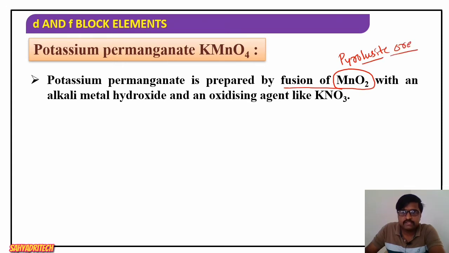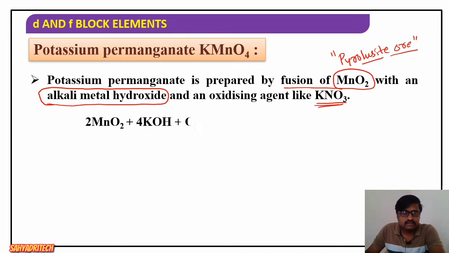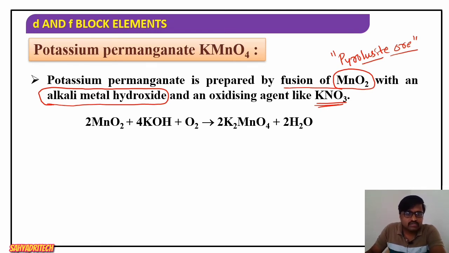So potassium permanganate is prepared by fusion of pyrolusite ore with alkali metal hydroxides, like potassium hydroxide, and an oxidizing agent like potassium nitrate. Well, if you look at the reaction equation, pyrolusite ore MnO2 is fused with the alkali metal hydroxide, that is KOH.